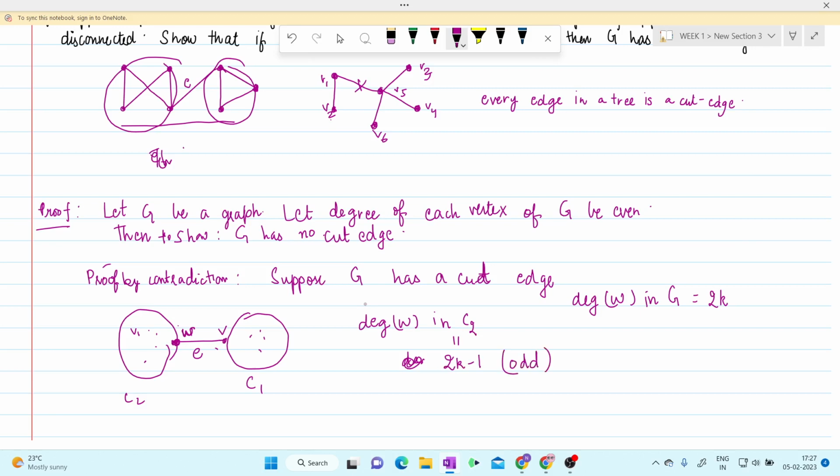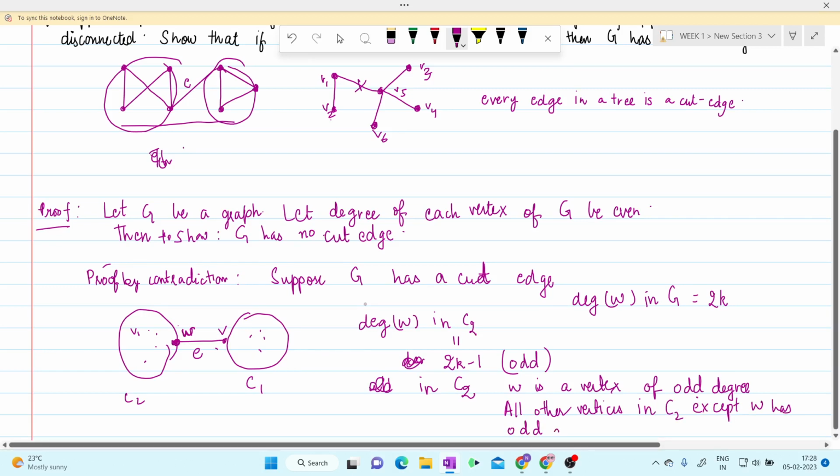And in C2, all other vertices have even degree, right? So can this happen? In C2, W is a vertex of odd degree, and all other vertices in C2 except W have even degree.